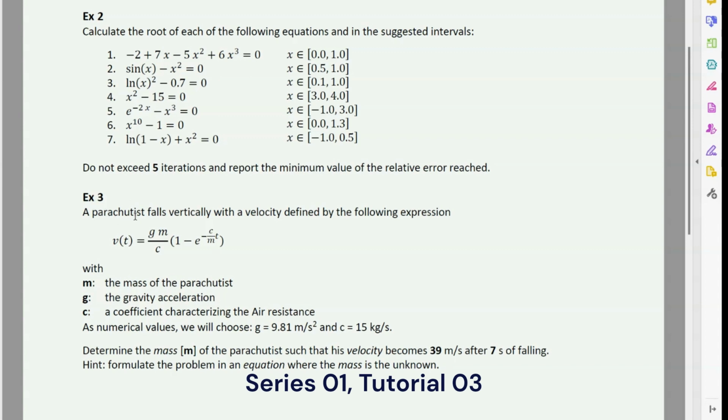A parachutist falls vertically with a velocity defined by the following expression. V(t) equals g m over c times 1 minus the exponential of minus c over m times t. So the velocity is a function of t, and g and c are constant. m is the mass of the parachutist, g the gravity acceleration, and c a coefficient characterizing the air resistance.